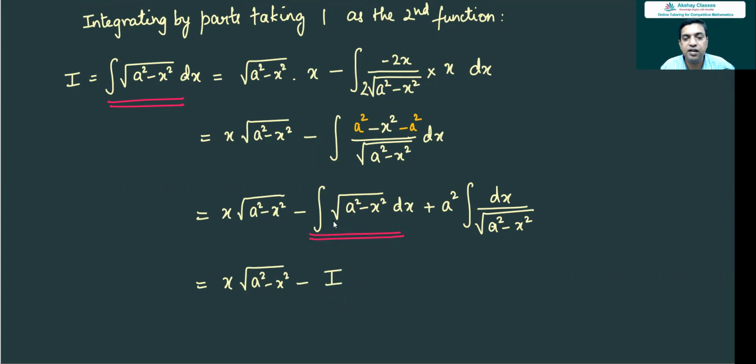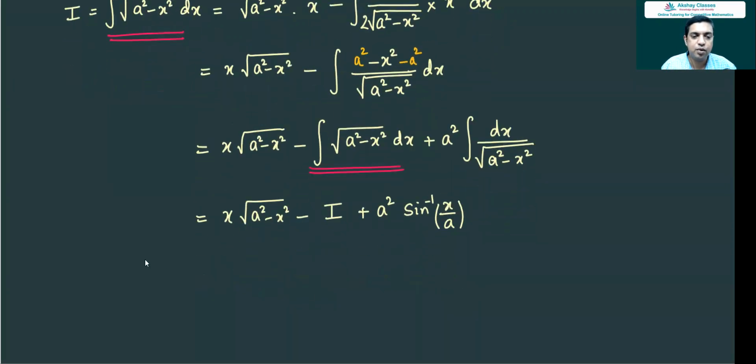So we can replace this with I plus a square, and this is a standard result, sine inverse x upon a. So taking this to the other side, we get twice of I is x root of a square minus x square plus a square sine inverse x upon a.